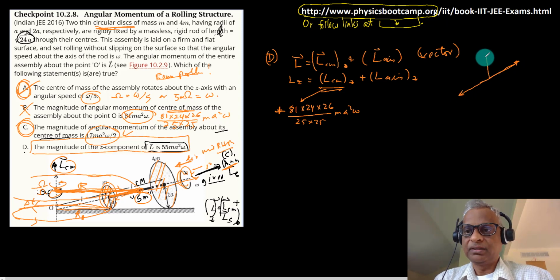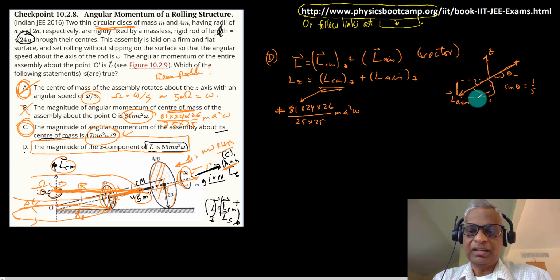This is the z-axis. L axis vector is pointing in that direction, and this is theta. Sine theta equals 1/5. That's the answer we had earlier. So this is theta, and that's the component L z. This is the z component we project over here.